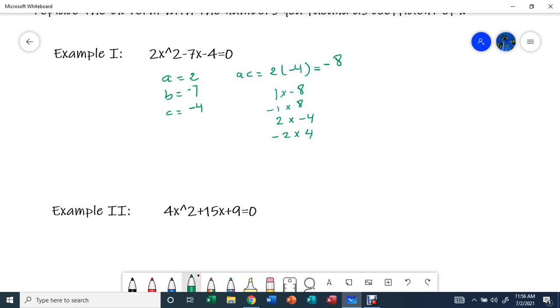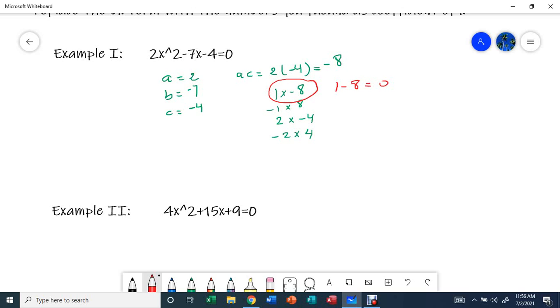Which of these pairs, if I add them together, gives negative 7? That's right, the first one, 1 and negative 8. If you add them together you get negative 7. Now you replace the b term with these two numbers as coefficients of x.